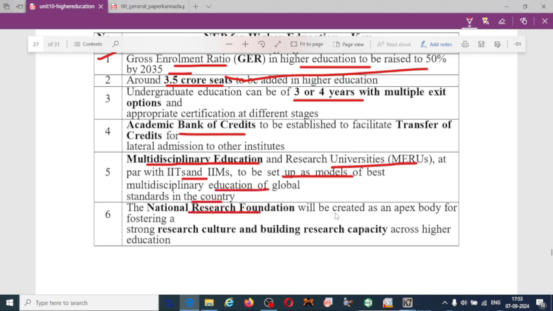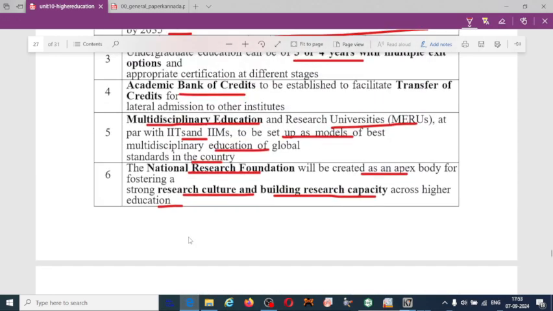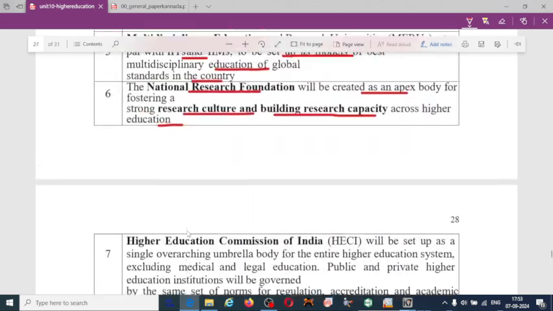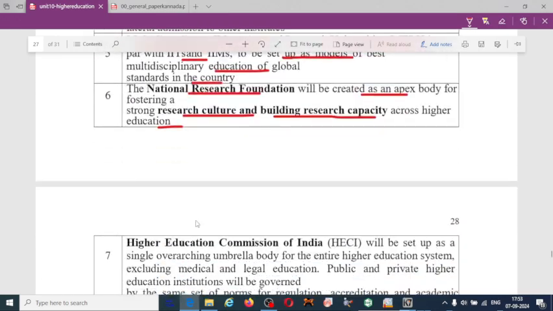National Research Foundation will be created as an apex body. Research culture and building research capacity across higher education. These are the major key highlights of NEP.